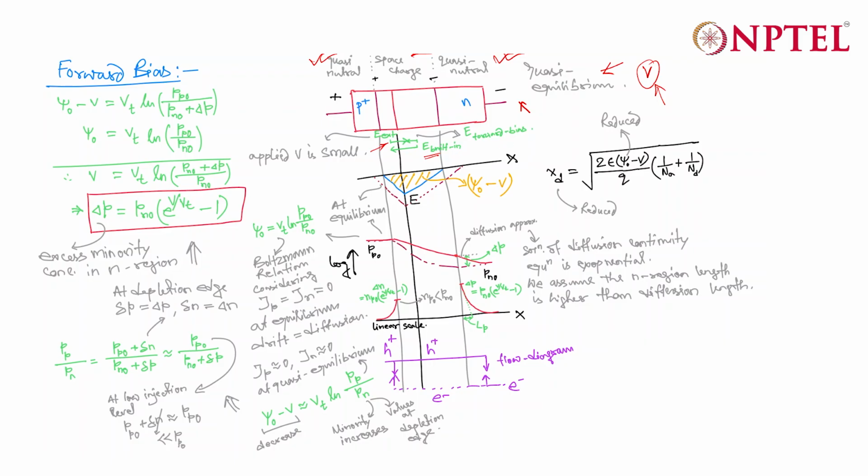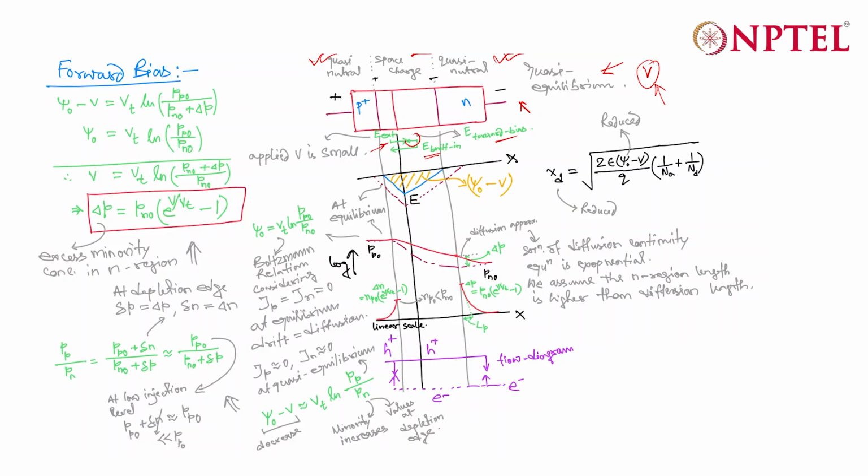So you will have a resultant electric field, which is this one, and this particular electric field is your resultant electric field and can also be termed as electric field in forward bias. So E forward bias. This will be smaller than the built-in field because there is an electric field in the opposite direction due to external voltage, right?